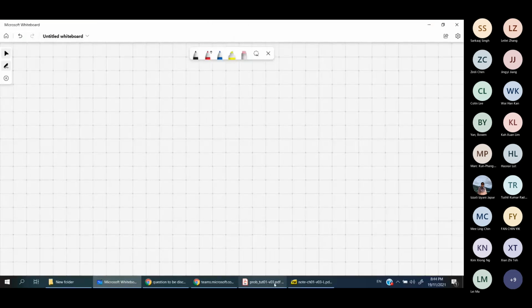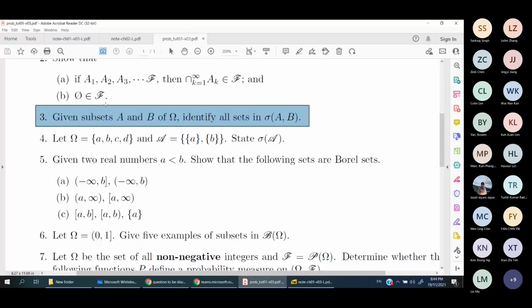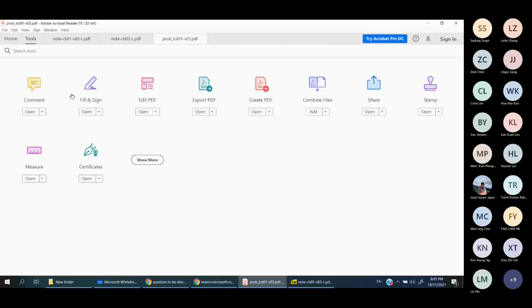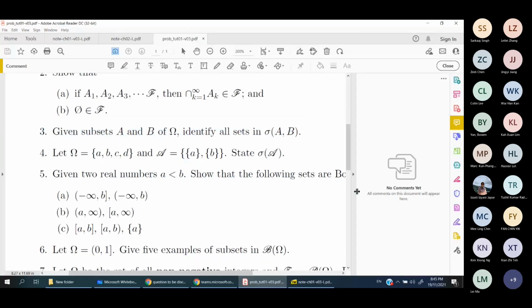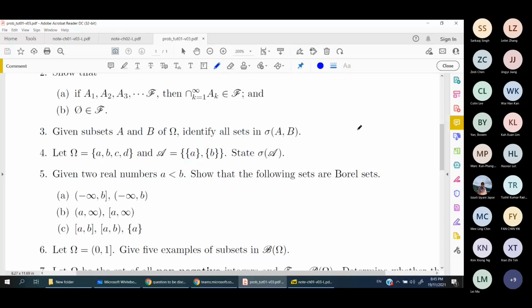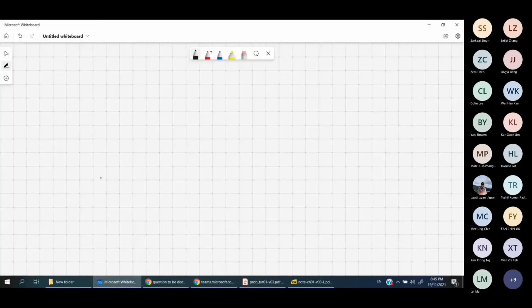All right, so question 3. Given subsets A and B of omega, identify all subsets in sigma of A, B. This is the so-called sigma field generated by A and B. Maybe we get tutorial 1.